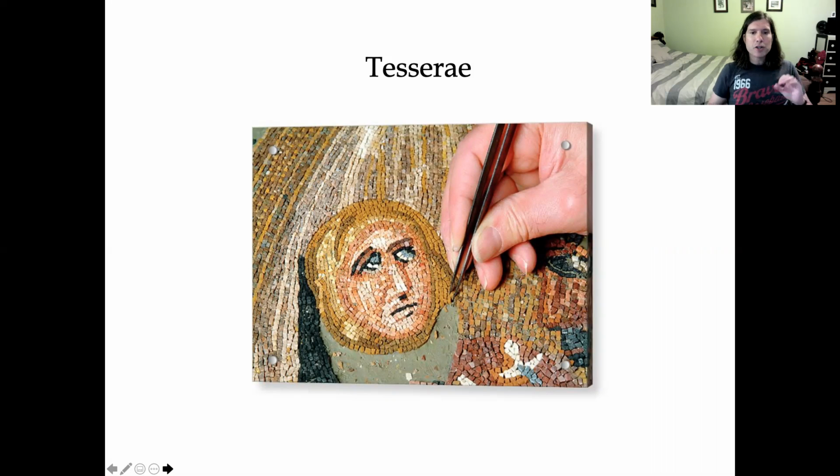These little tesserae reflect light and create a kind of shimmering effect when they're in a certain kind of light. And this is an art form that really begins to take off in the Hellenistic period.